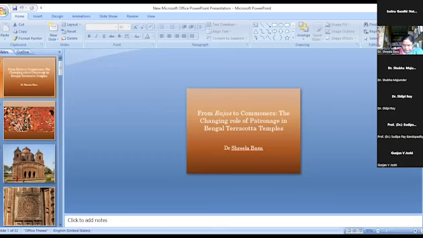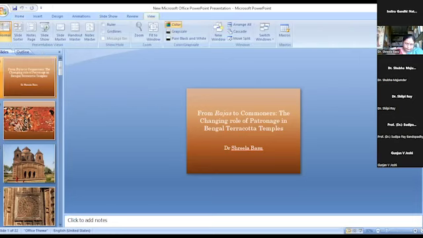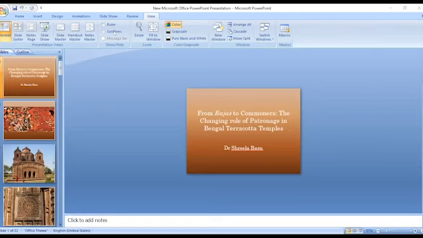Go to slideshow, then come to the slideshow at the right. The slideshow is above, right after animation. Take your cursor above.